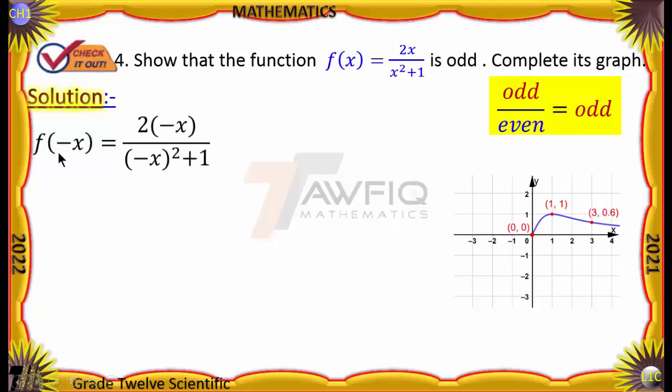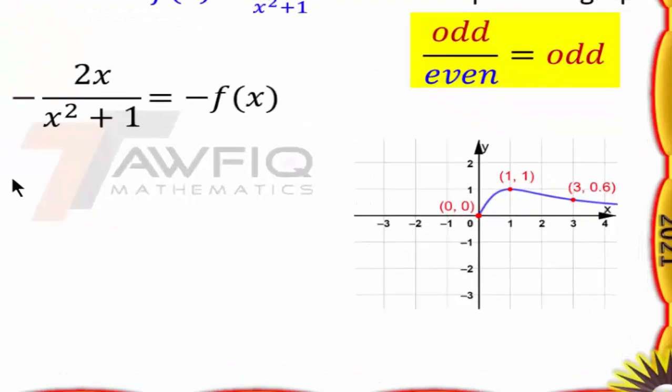To check it, f(minus x) equals 2 times minus x over minus x squared plus 1. 2 times minus x is minus 2x, and minus x squared is x squared, plus 1. This equals minus 2x over x squared plus 1, which is minus f(x). That means the function is an odd function.